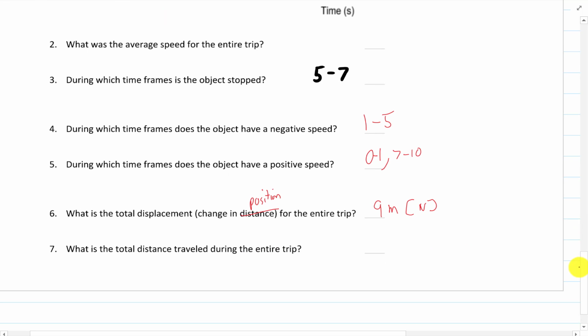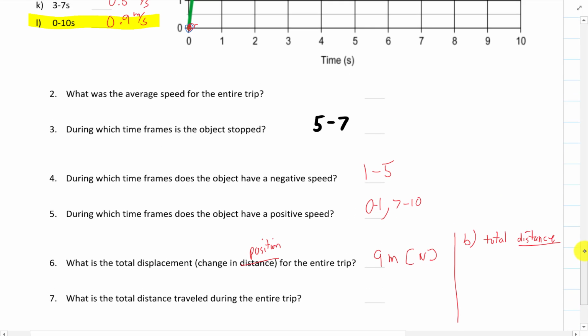Okay, now, question 6b, you didn't do it. I don't know why you didn't do it. Oh, probably because it didn't exist. 6b, what is the total distance? Total distance traveled, not the total displacement.